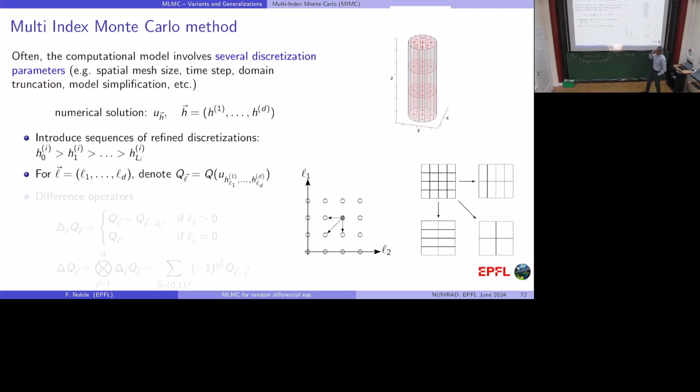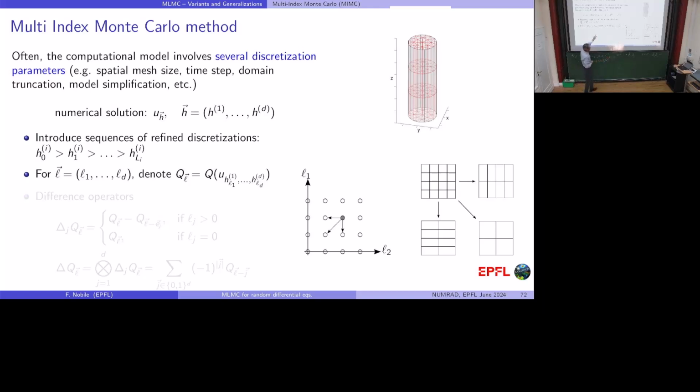Okay? And then what simulation exactly I run will be identified by this multi-index L1 up to LD, which says, okay, on X I should use this level of refinement, on T I should use this other level of refinement, and so forth. Okay? And then for every multi-index L, it will correspond a certain solution for my discretized problem.